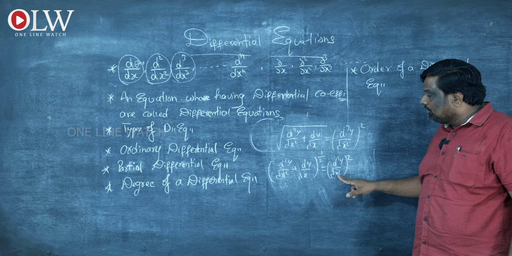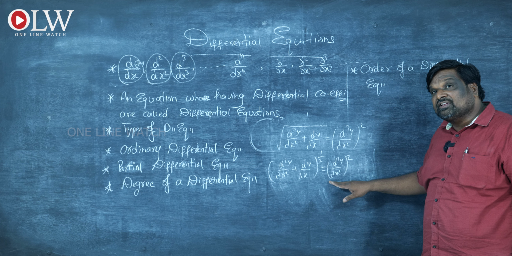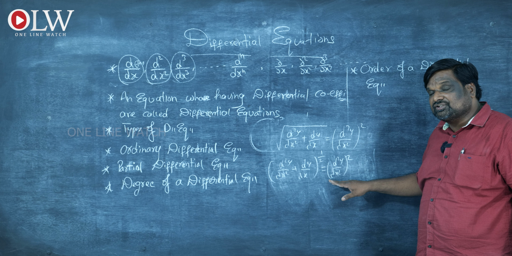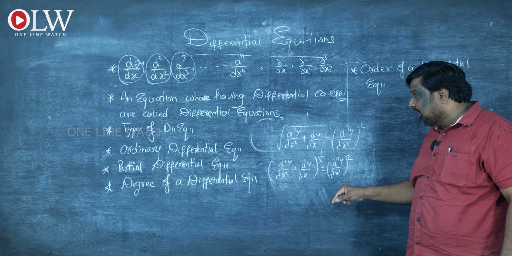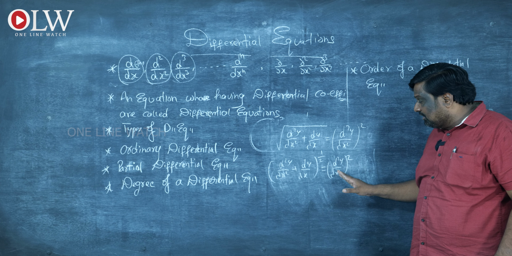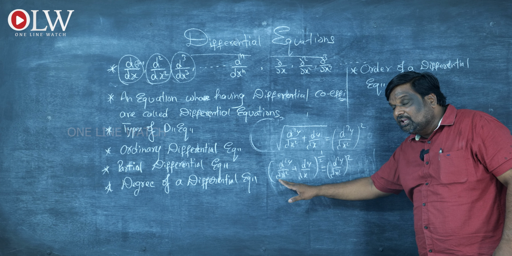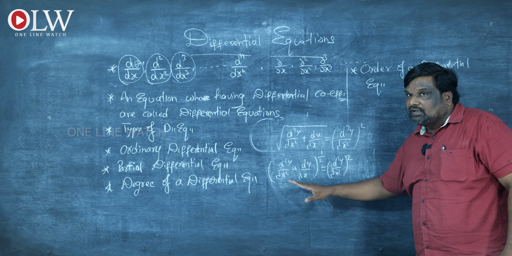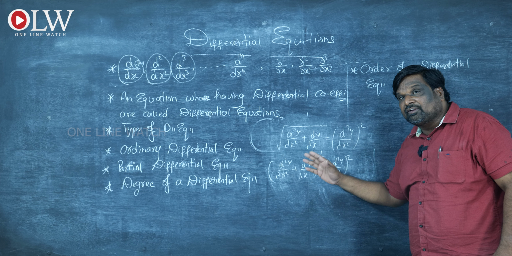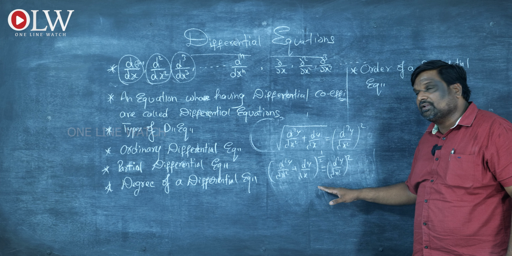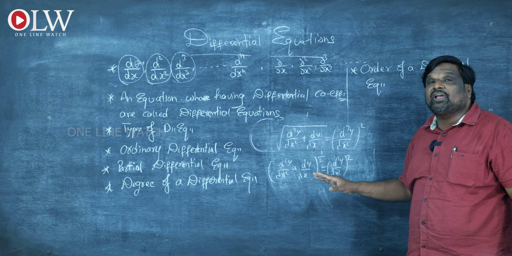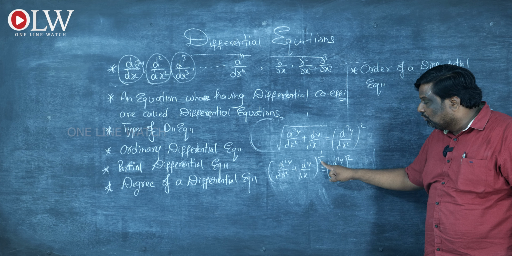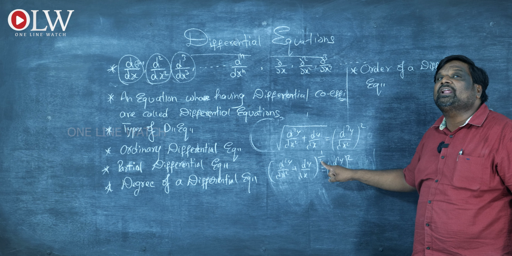So the second order coefficient appears twice, and its order is 2. But to find the degree, the equation must be free of radicals, so the power 1/2 must be removed.